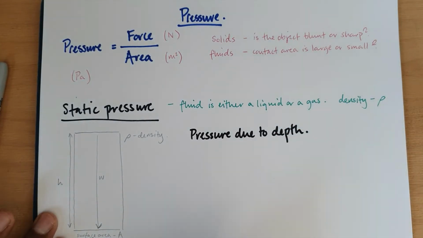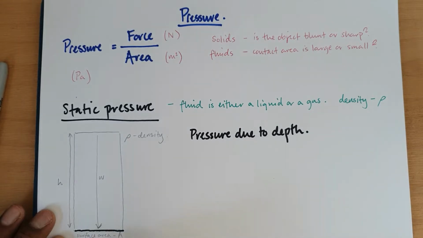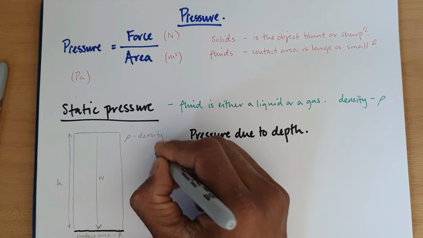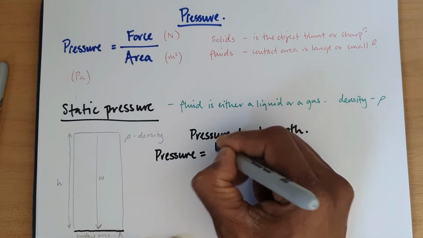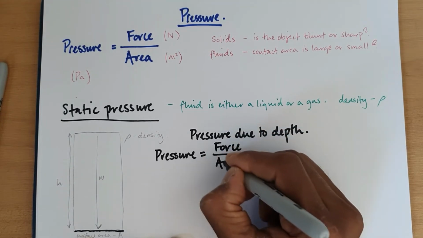So what we'll do is look at the pressure exerted on the bottom of the column of liquid, the bottom of this container. Now the pressure, let's start off in the right way, is equal to the force divided by the area.